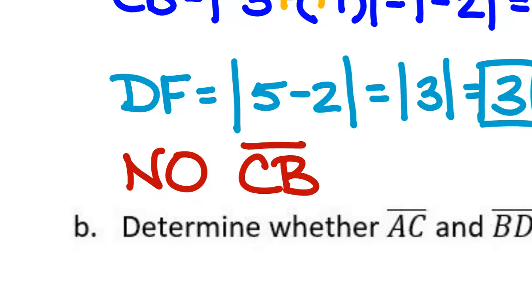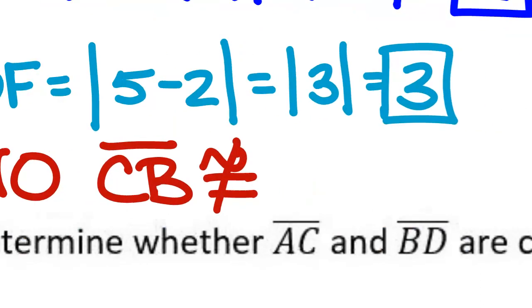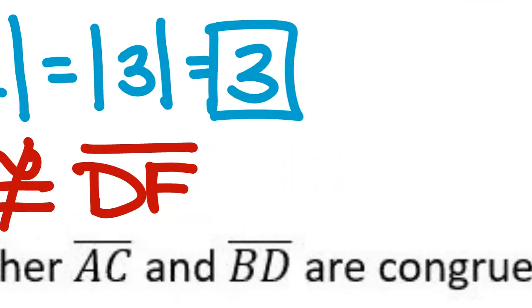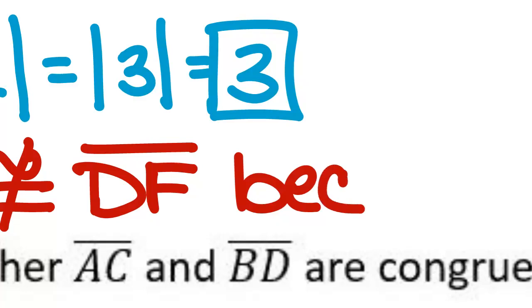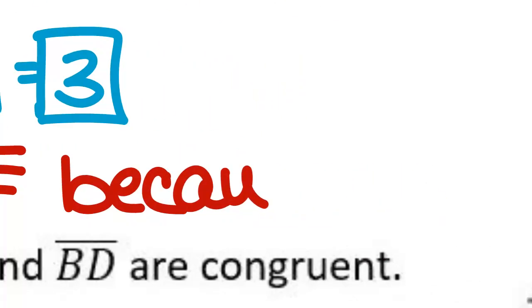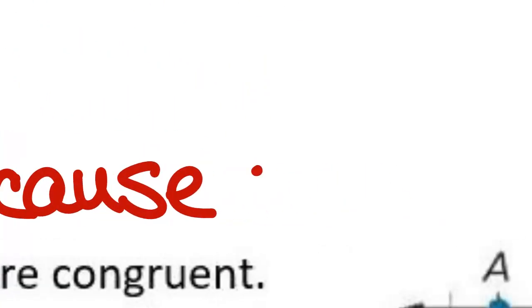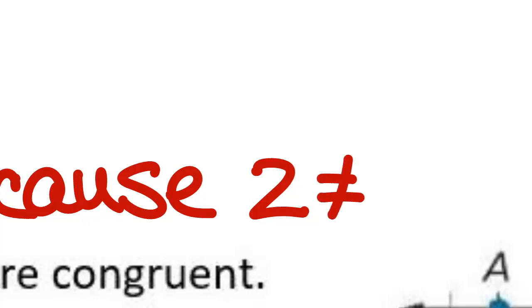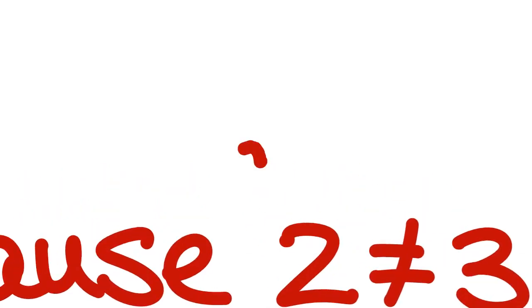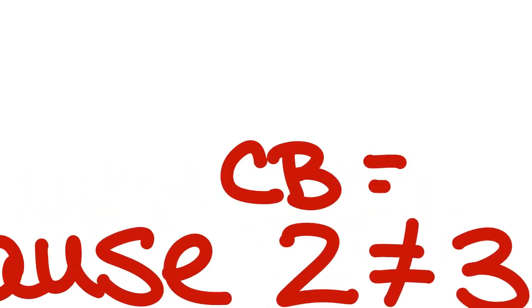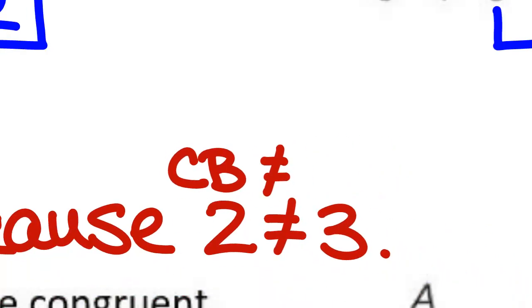Segment CB is not congruent to DF because 2 does not equal 3. 2 was the length of CB. 3 was the length of DF.